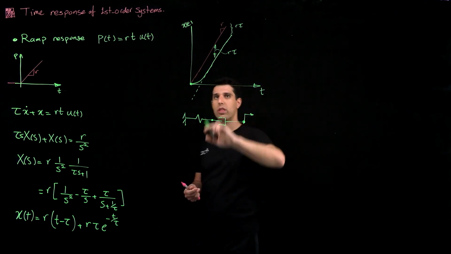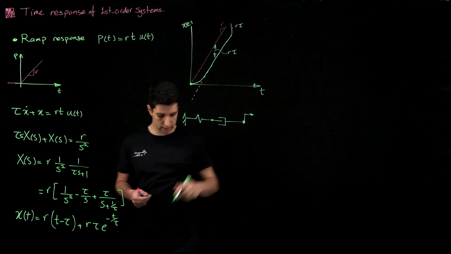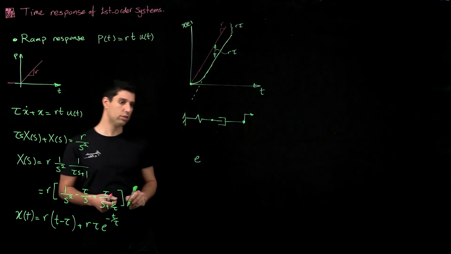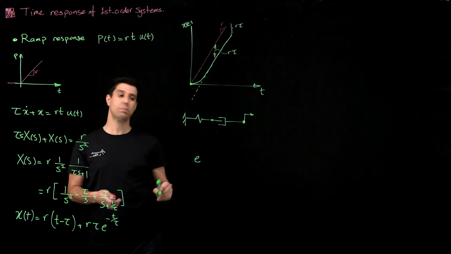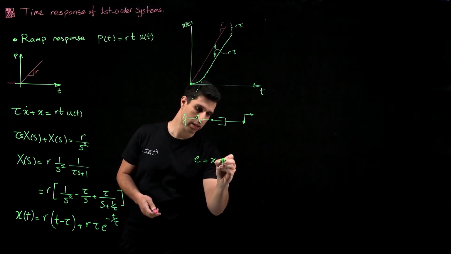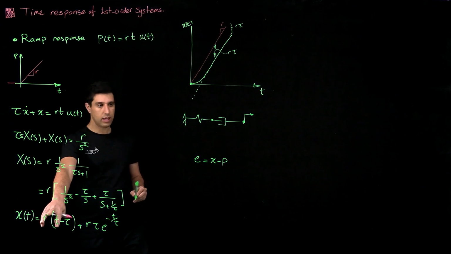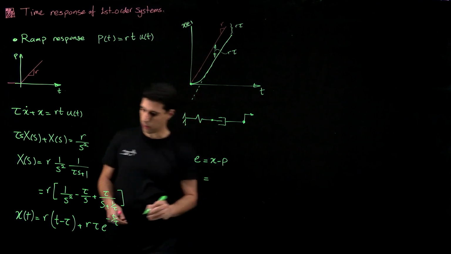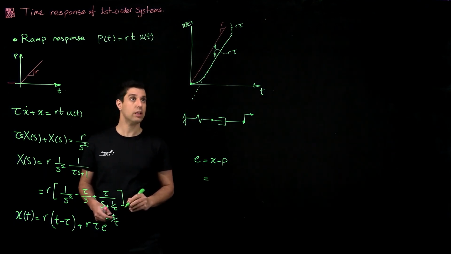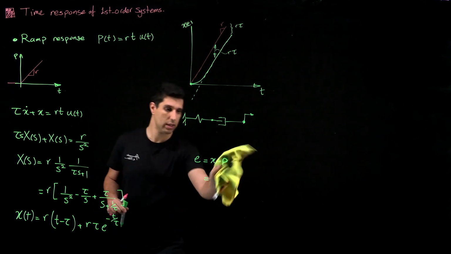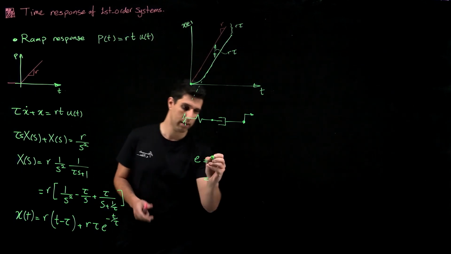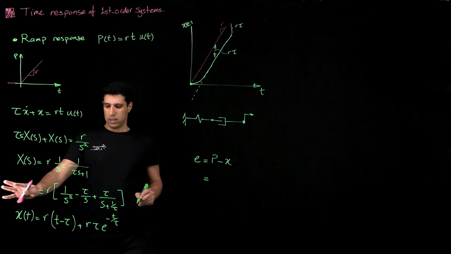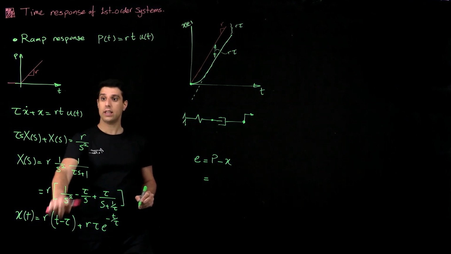And one other thing to think about is if you take the difference of these two, so let me call it E, error or difference, of x minus p, the RT cancels. I will have maybe p minus x. That's nicer. Let's do p minus x. So the RT cancels.